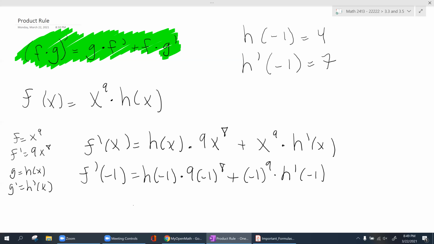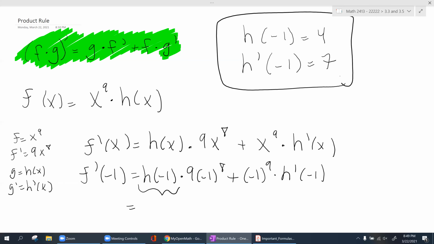The first one, h of -1. This information was given. All we need to do is make substitutions. H of -1 is just 4, times 9 times -1 raised to an even power. What did we say about that? -1 raised to an even power is just going to be positive 1. Plus, we have -1 raised to an odd power, that's going to be negative, times h prime of -1.